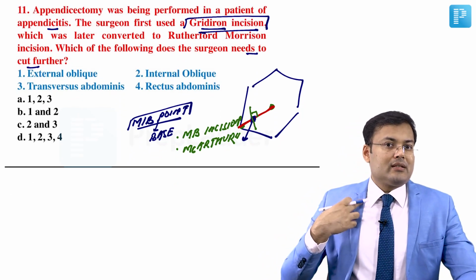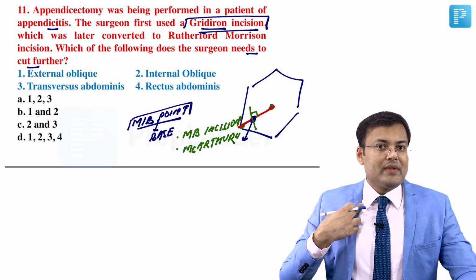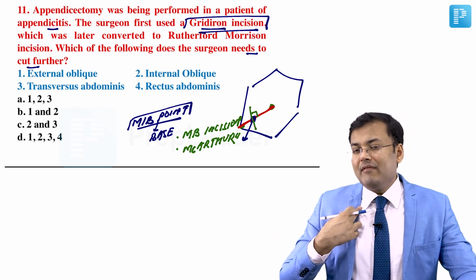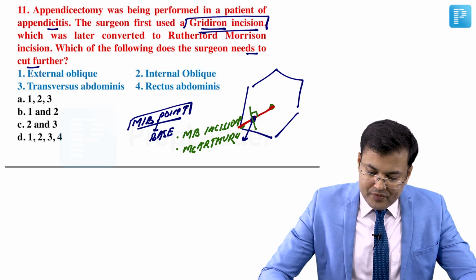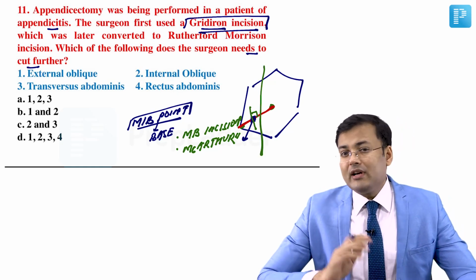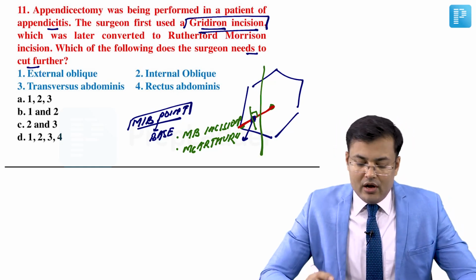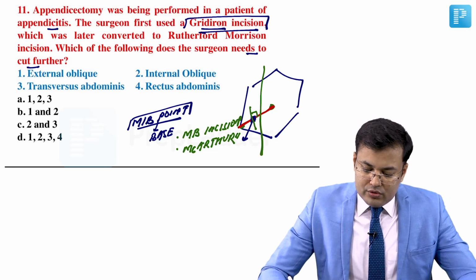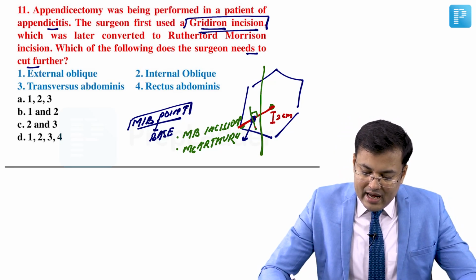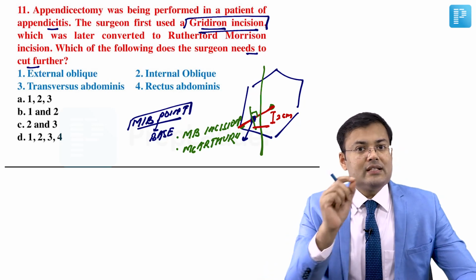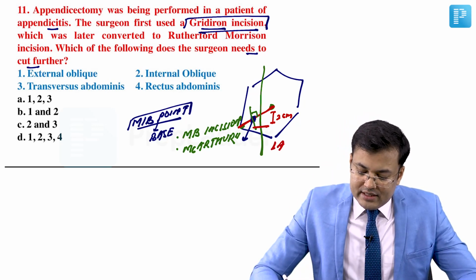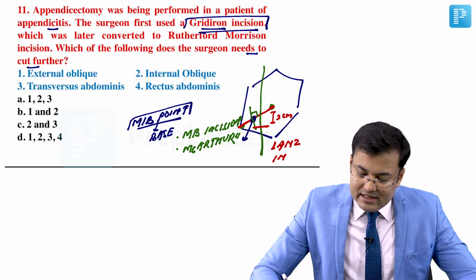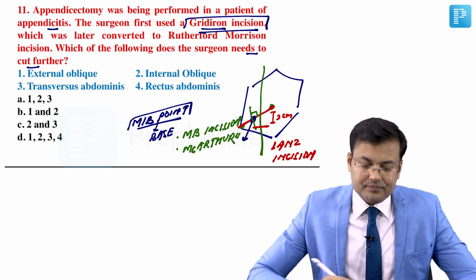There is another muscle splitting incision. Imagine this is the clavicle, the midpoint of the clavicle, and you are going to join this midpoint of the clavicle to the midpoint of the inguinal ligament. On this line, 2 centimeter below the umbilicus, I give a transverse incision along the skin crease. This is known as Lange incision.